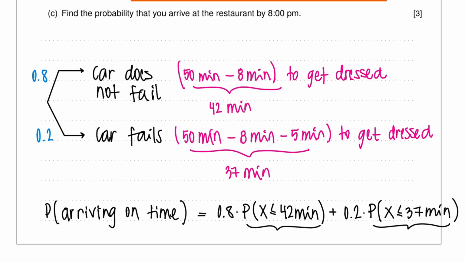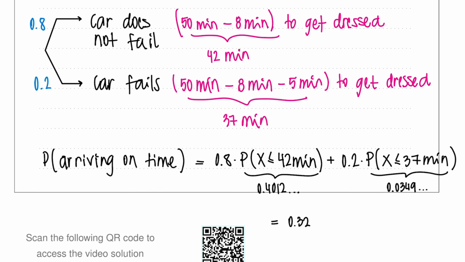And given that these are 0.4012... and 0.0349, we get in total 0.3280... So rounded to 3 SF, 0.328 as the probability that you will get the table on time. Or not get the table, but actually arrive at the restaurant by 8 p.m. So let's move to the next exercise now.